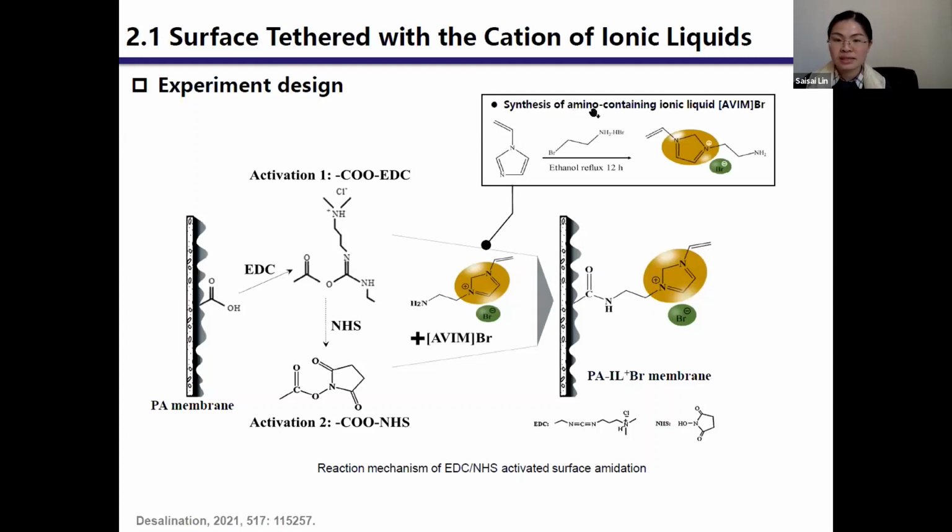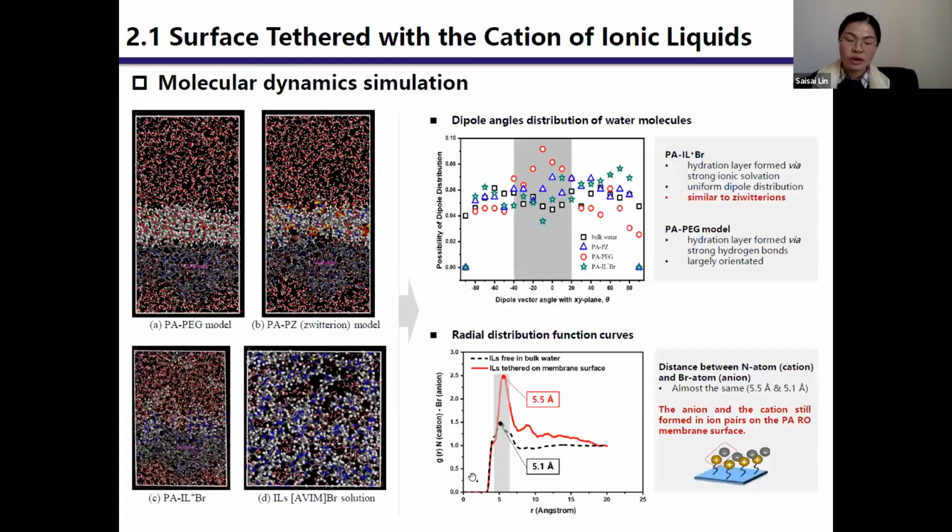First, we synthesized amino-containing ionic liquids, using the amine group on the end of the cation, and then grafted it to the PA membrane using surface imidization catalyzed by the EDC and NHS system. Then, before evaluating the antifouling performance, we want to evaluate the ionic structure and its formed hydration layer on the PA surface.